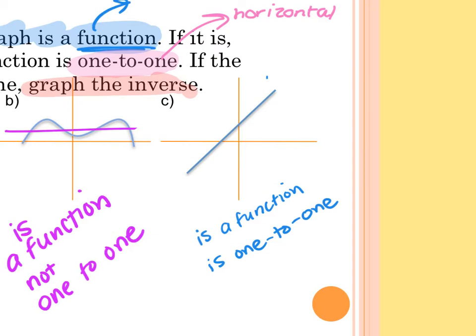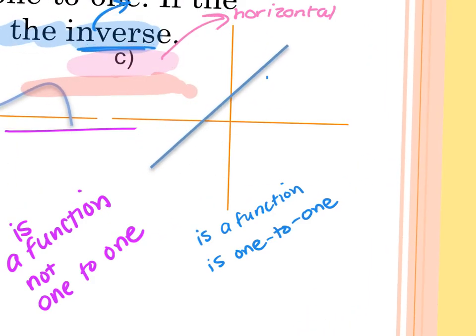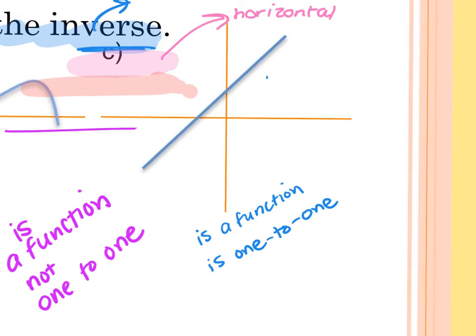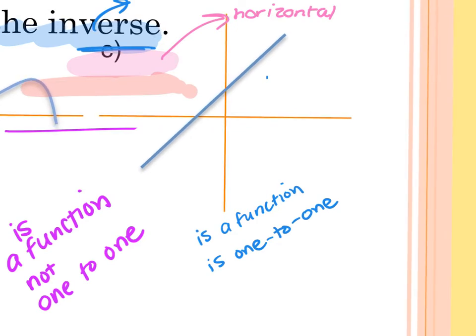I'm going to plot the points however I want, just making it consistent. So I'm going to say 1, 2, 3, 4, 1, 2, 3, 4, as best I can, consistent spacing. And then I'm going to pick 2 points.